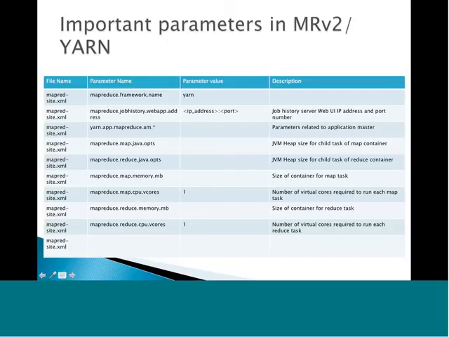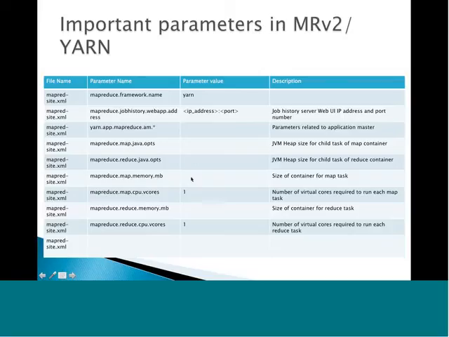So that is how the number of containers is determined at runtime based upon the memory and vcores you give. And this Java opts, for example, mapreduce.map.java.opts and mapreduce.map.memory.mb are related. Memory MB is the size of the container, and in that container, mappers and reducers will run in a JVM. So the size of mapreduce.map.java.opts should be less than mapreduce.map.memory.mb.